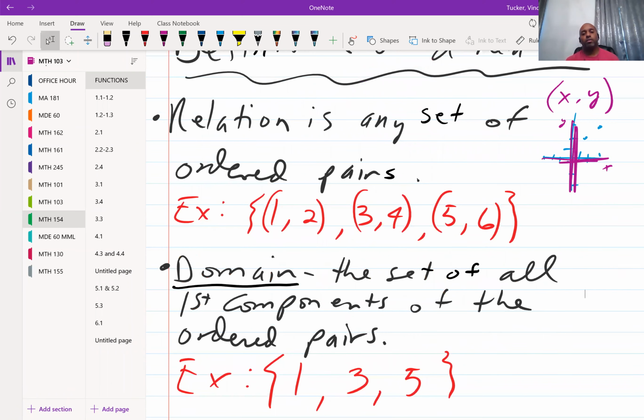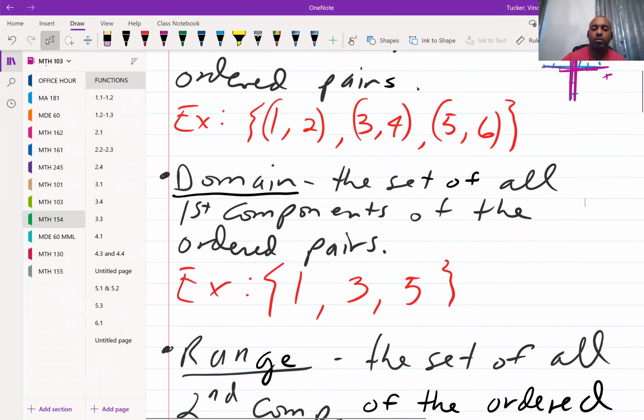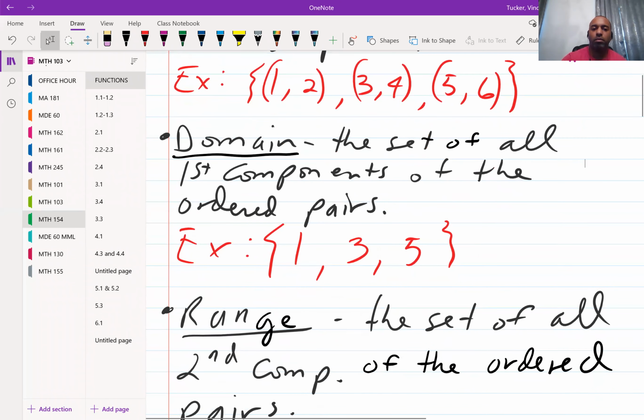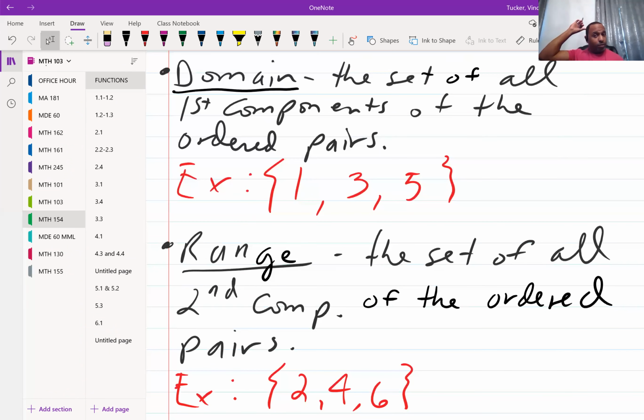So in this case, 1, 3, and 5. And then your range will be the set of all of the second components in your ordered pairs.